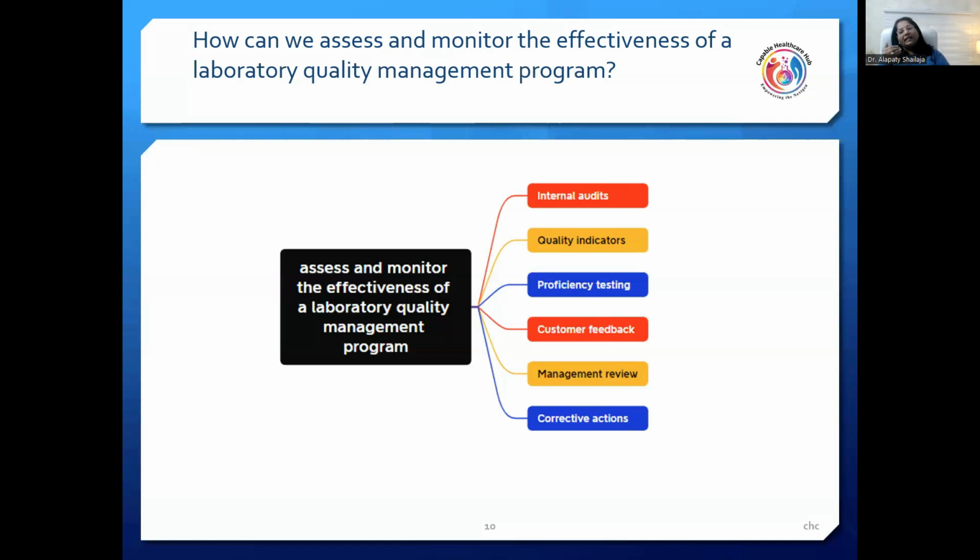Did we meet their expectations? That is very, very important. When we meet their expectations, we don't have to ask anybody for feedback. That comes out automatically, out of the gratitude because of the relief they have experienced. A laboratory that meets customer satisfaction is on top.